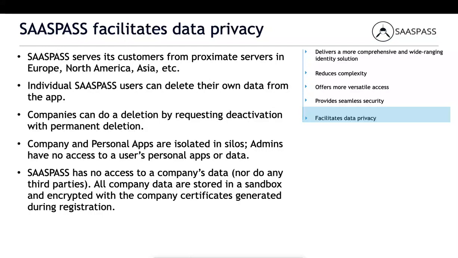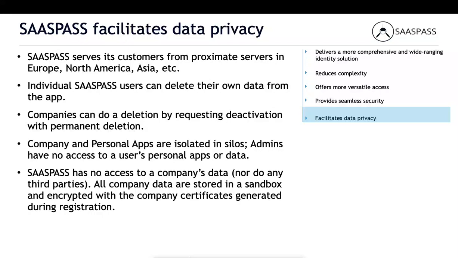The company and personal applications are isolated in silos, so the admin cannot have any access to any of the personal data, credentials, or access to the applications and data that belong to the end user, even if those users are employees in that company. The admins will be able only to access and manage the data about those employees that belongs to the company, not to them.